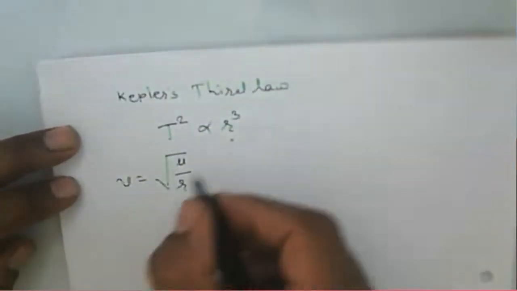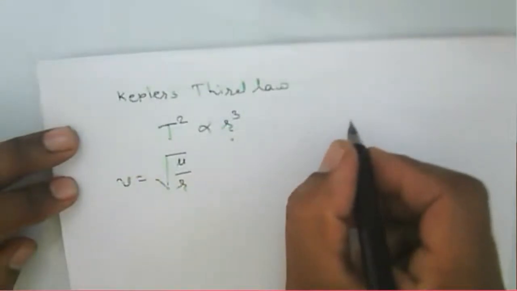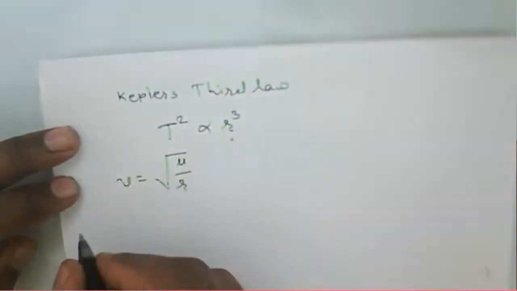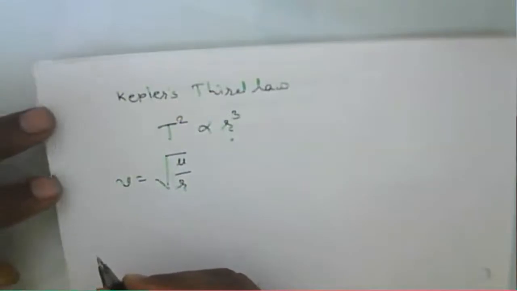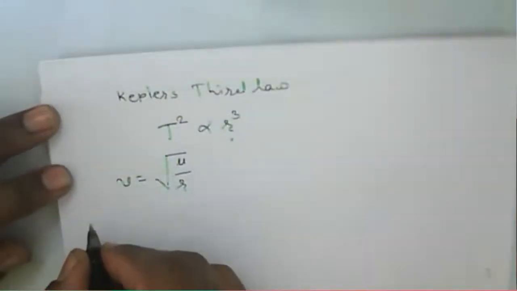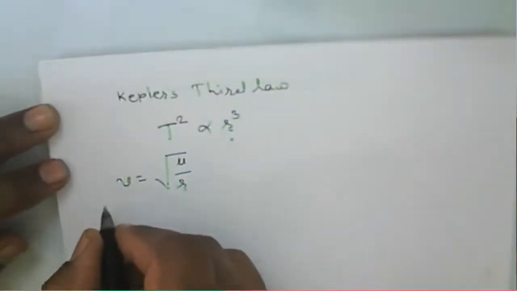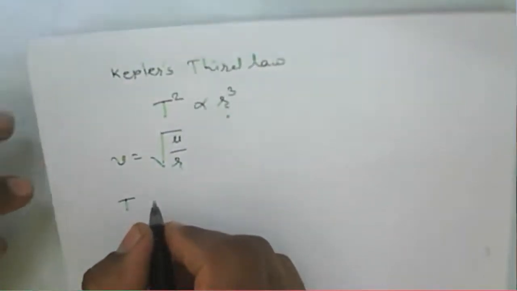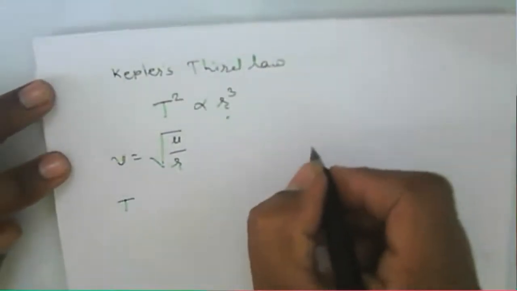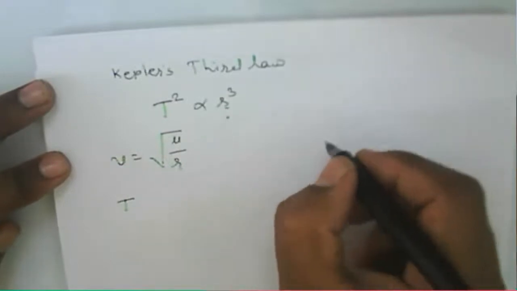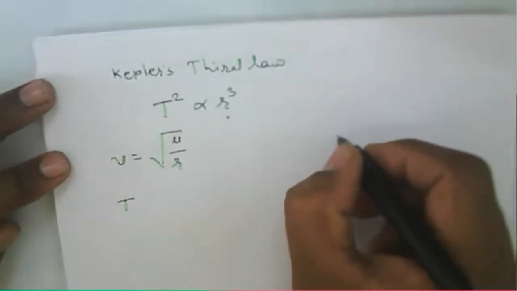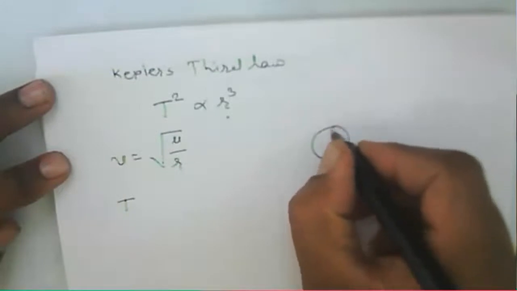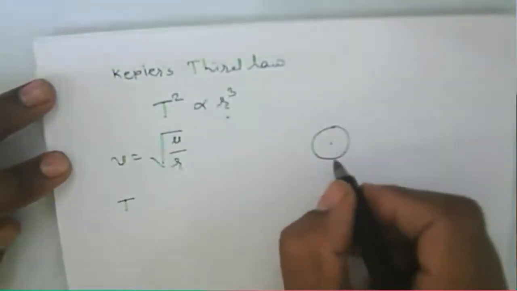If you say that for a given particular orbit, for this particular satellite, any satellite, and for this orbit or the radius, we can say that the period of revolution, that is T, will be given by the circumference divided by the velocity.